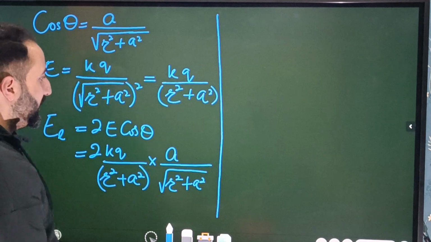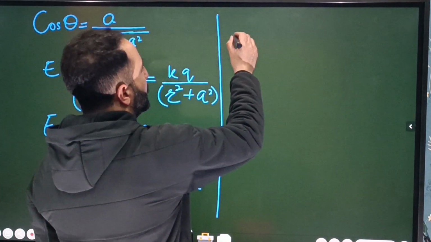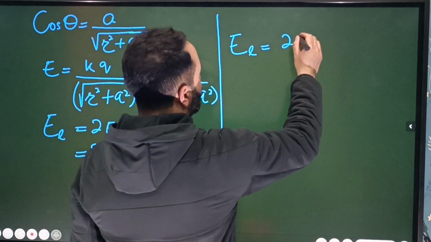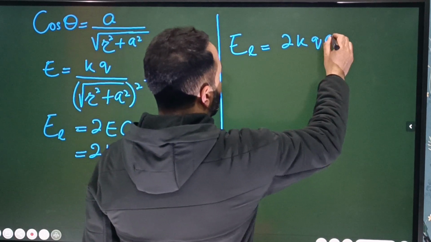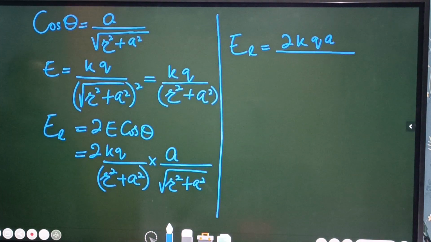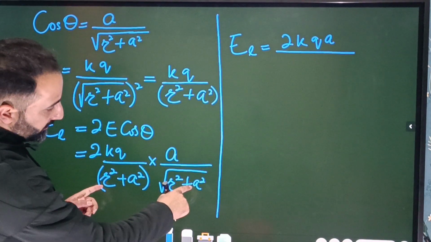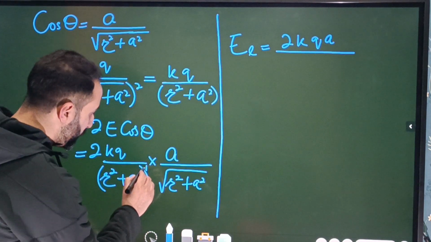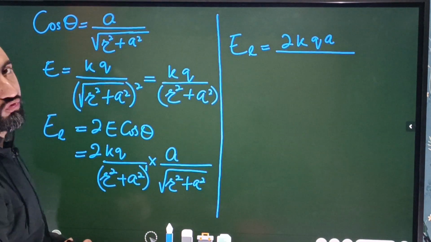Okay, let's move ahead. Now the electrostatic field on the equatorial line will be 2KQ into a divided by r square plus a square, into root of r square plus a square. Then the bases are same, so in multiplication, when bases are the same, powers must be added. The power of one is 1 and the power of the other is 1 by 2. So it is 1 plus 1 by 2, which is simply 3 by 2.